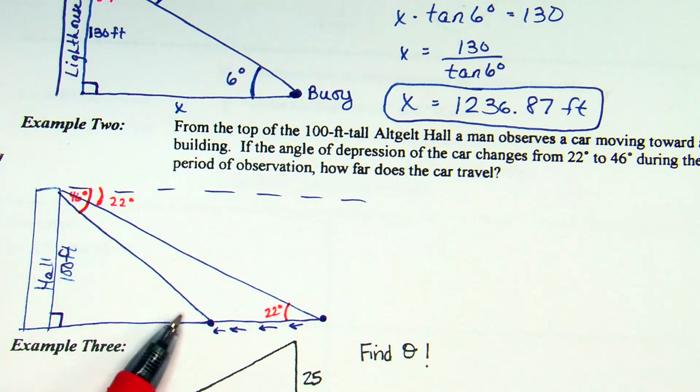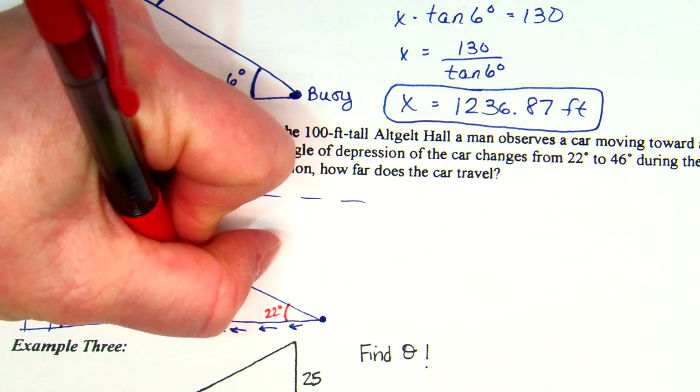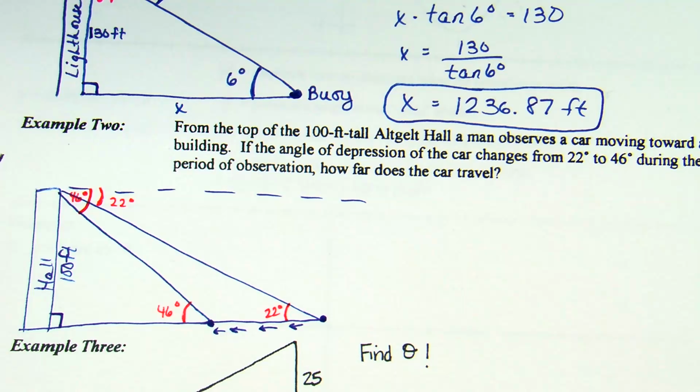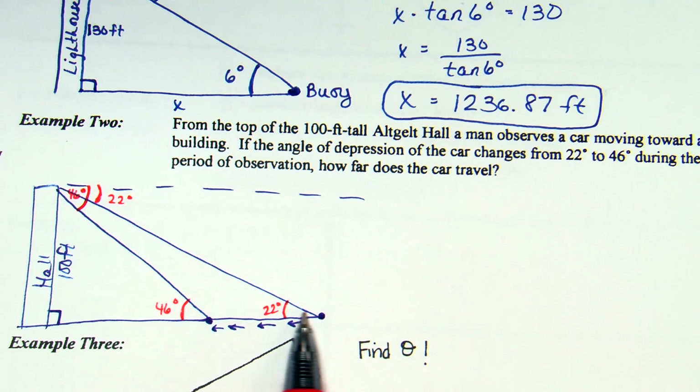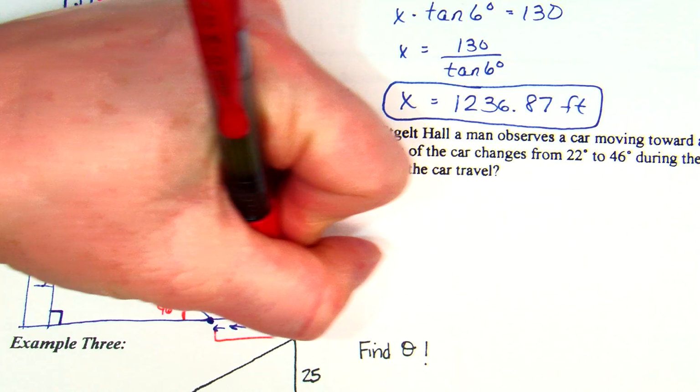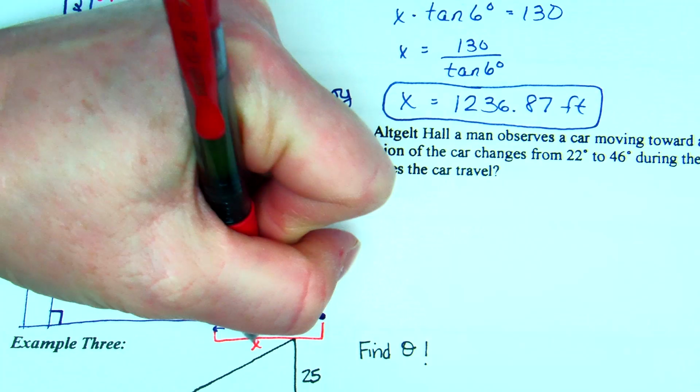So this right here is 46 degrees. Now, the key is, how far does the car travel? So what am I being asked? Okay, what's the distance between these 2 angles right here? That is what I am being asked. I'm going to call it X. Okay, I'm being asked X.